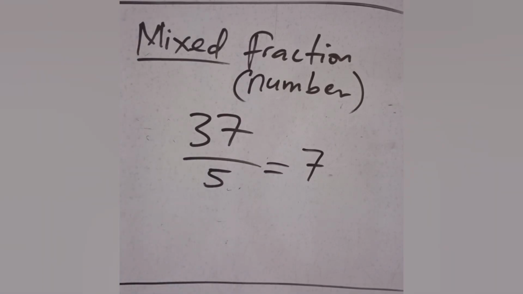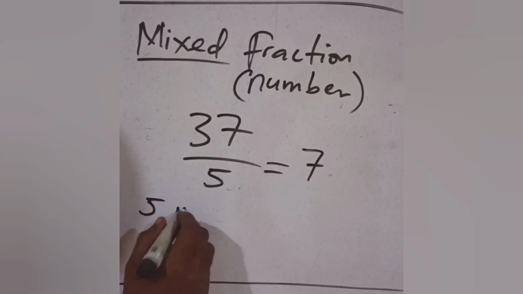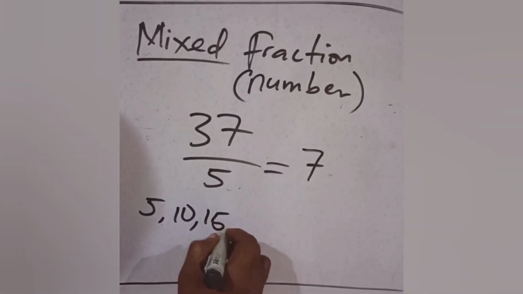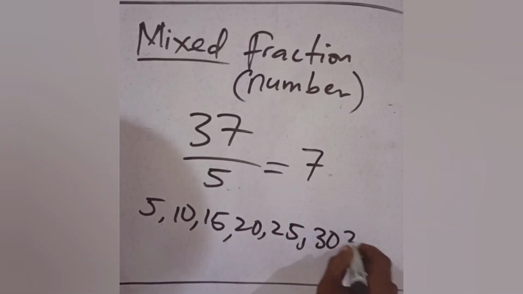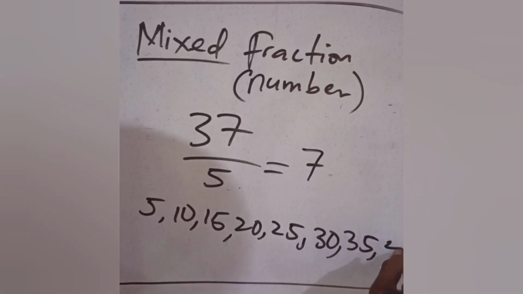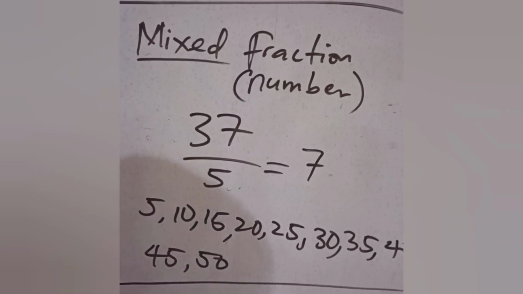I think doing drills will also help children, and you discover that dividing by 5 or multiplying by 5 is easier than maybe other numbers, because we find it very easy to count in 5, 10, 15, 20, 25, 30, 35, 40, 45, 50, 55, 60.